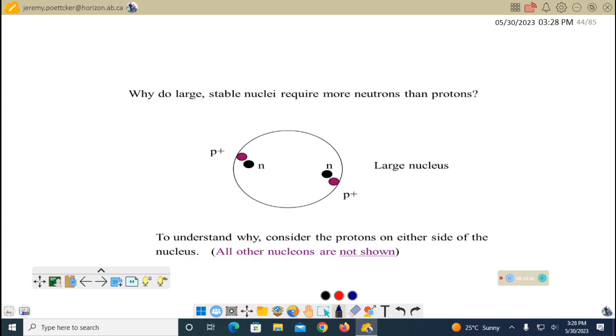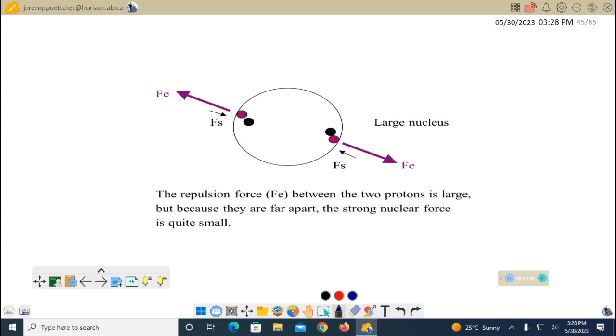So, a question you might ask, and I kind of alluded to this earlier: why do large stable nuclei require more neutrons than protons? So, consider the protons on either side of the nucleus. Obviously, let's imagine this is a large nucleus, so there are lots of other protons. We're only showing these two here. All right, now, electrostatic repulsion is pushing them apart.